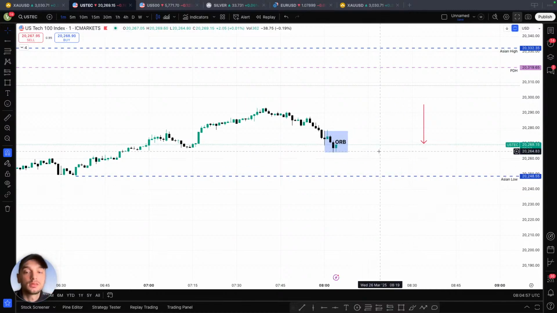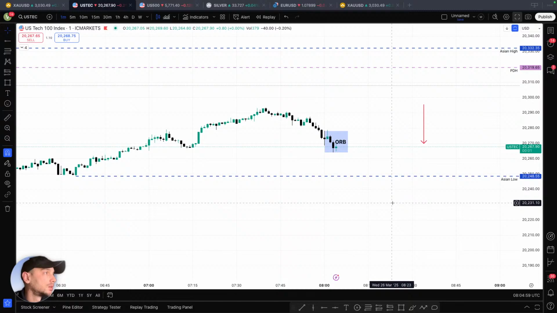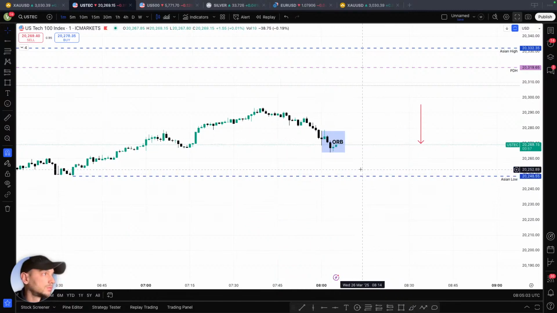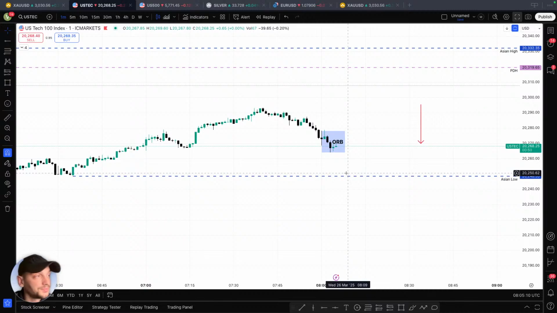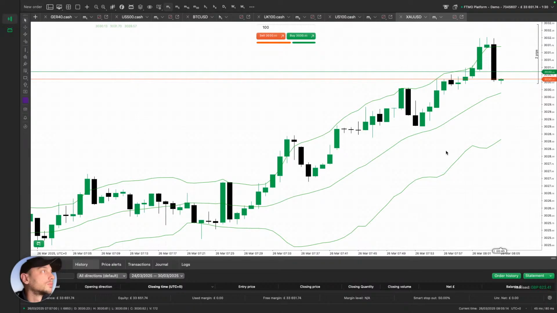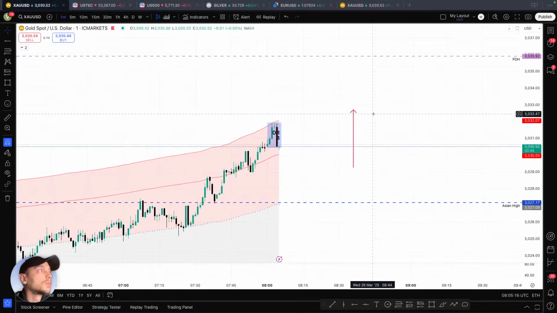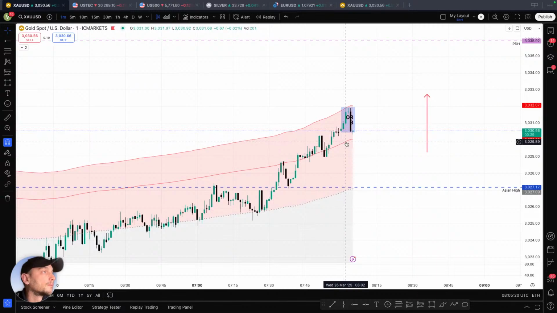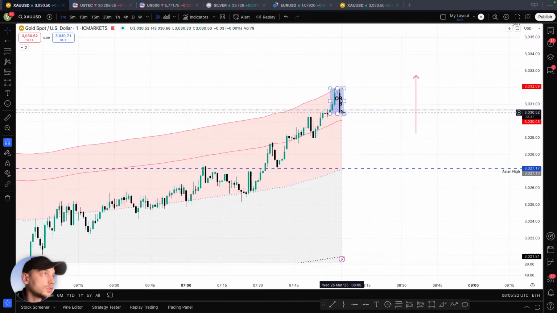So Nasdaq, if the price closes below the ORB, we can easily go short, but we need to be careful because here is the Asian low and we can see a reaction from there. Can we look for shorts here on gold?